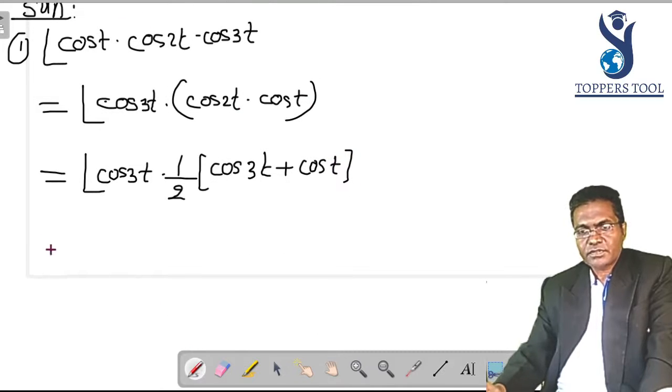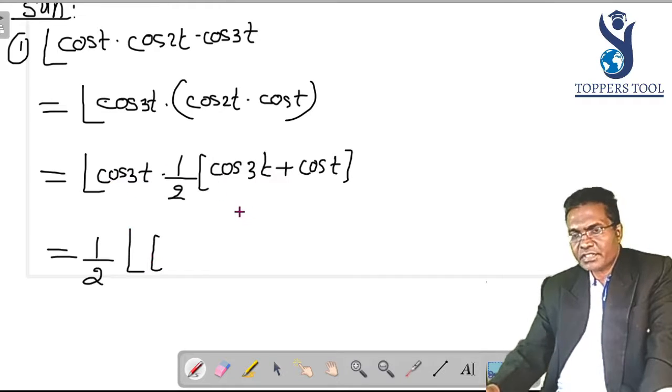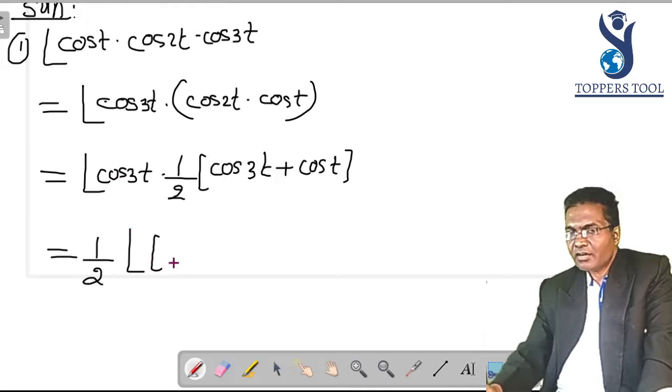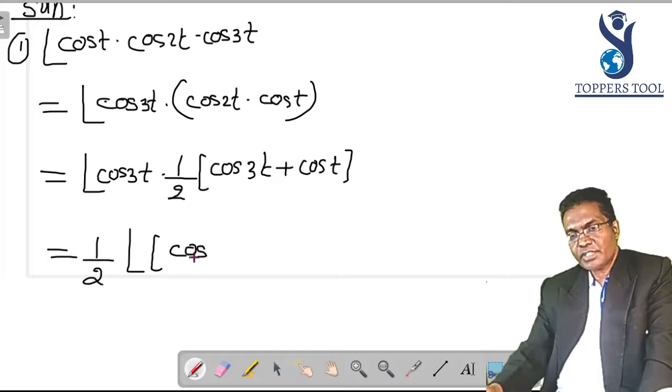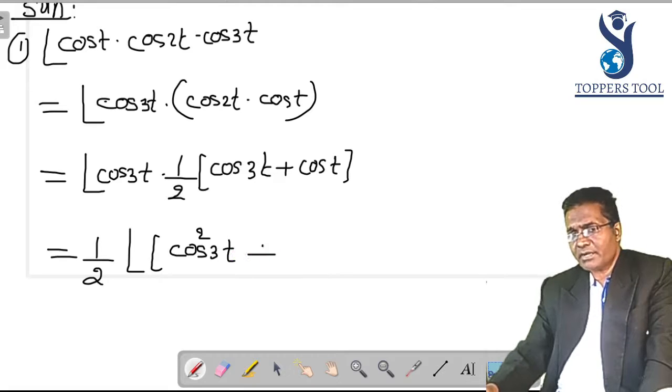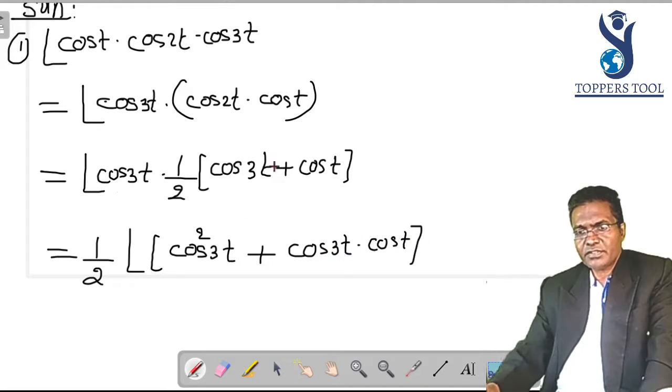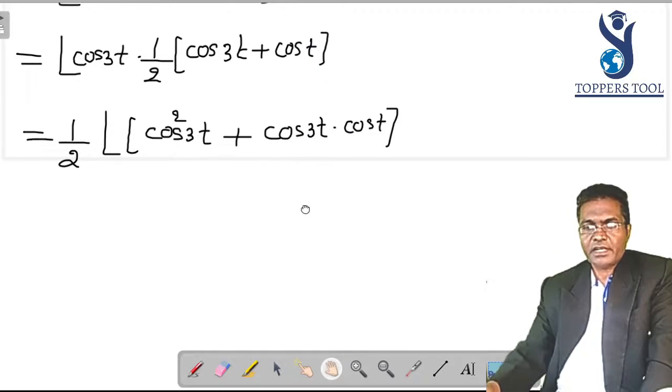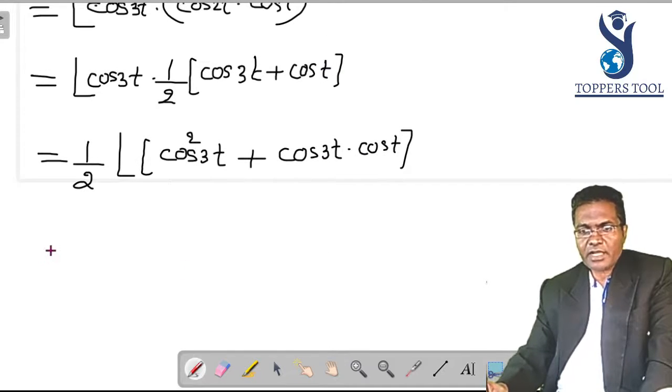Now take 1 by 2 outside. Now multiply this into this: cos 3t into cos 3t, which is cos square 3t, plus cos 3t into cos t. Reapply the transformation formula.